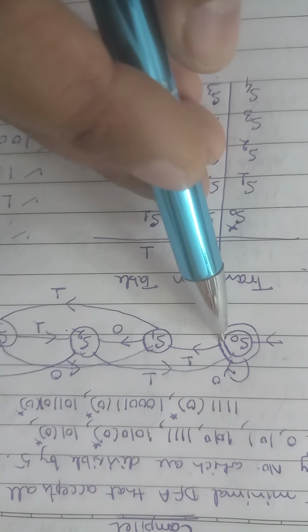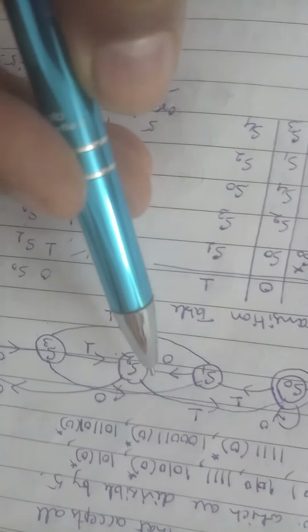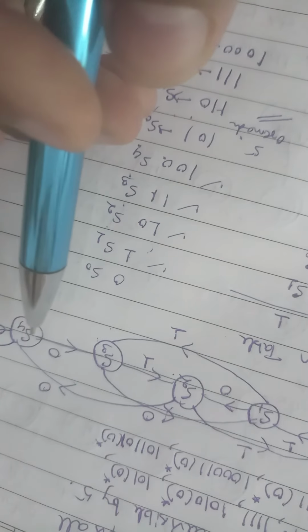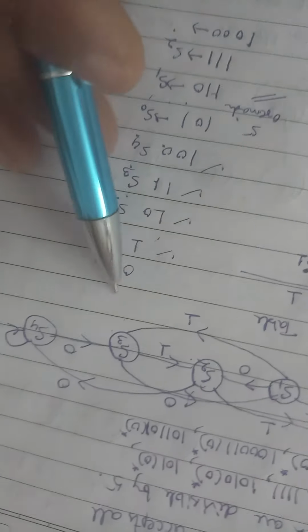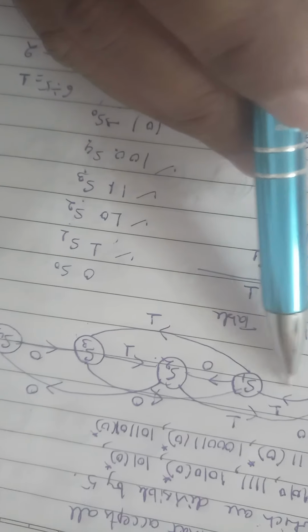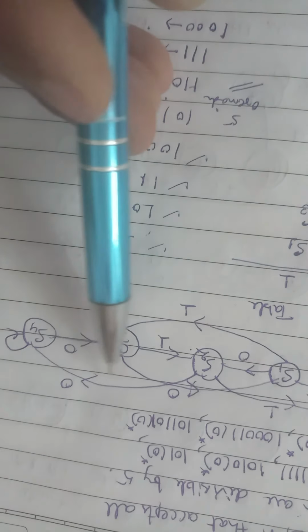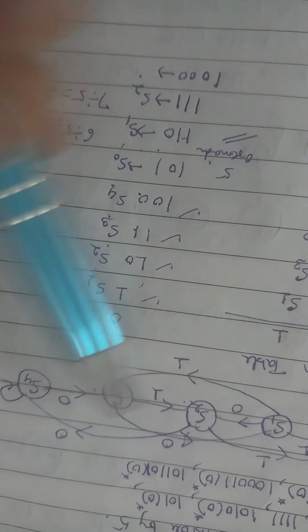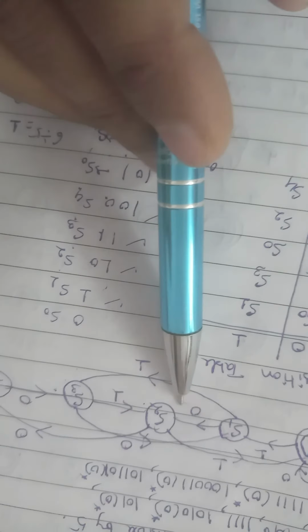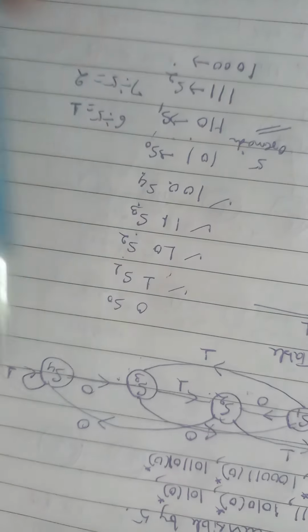We start from S0, 1 0, and another 0 and another 0, where we are reaching on S3.